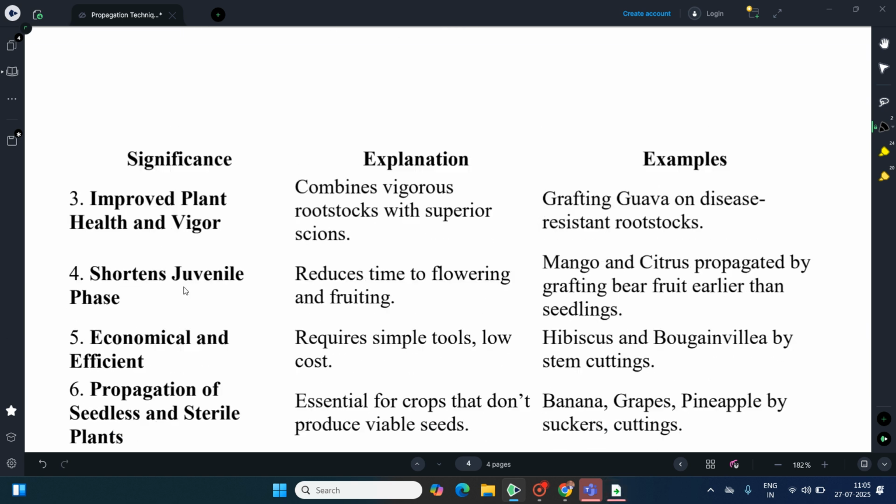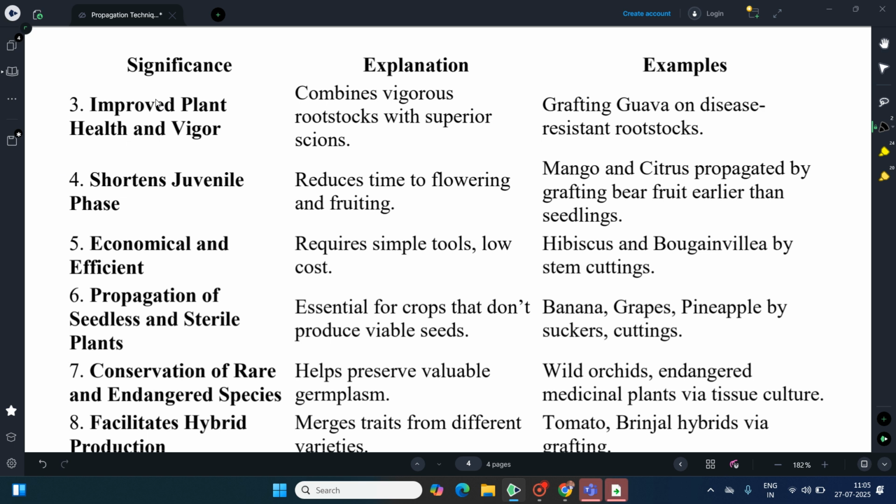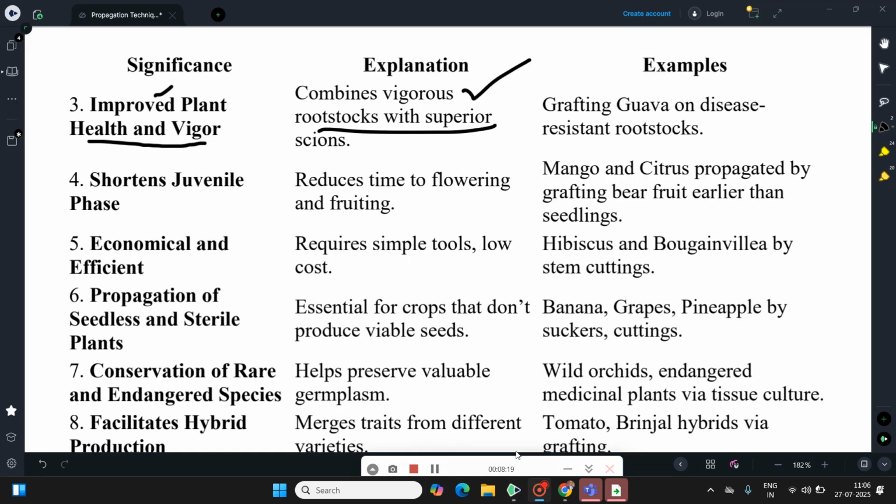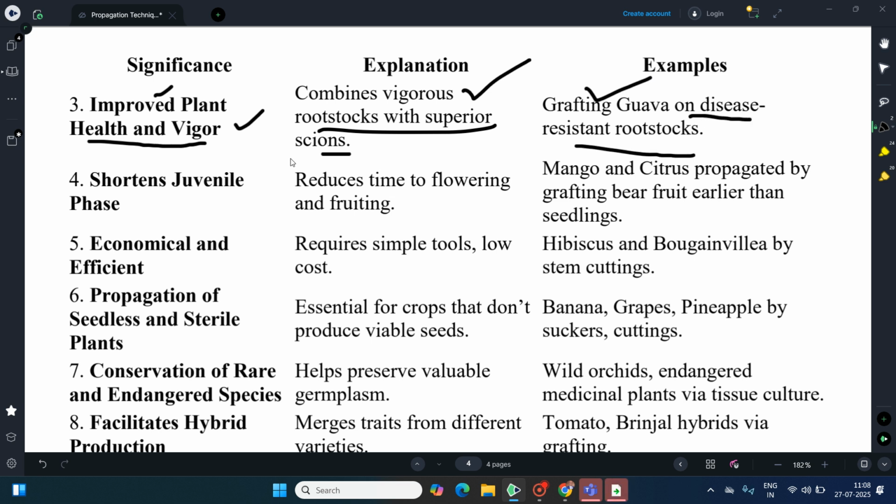The third important significance is that it improves plant health as well as vigor. It combines vigorous rootstock with superior scion characteristics. Example, grafting of guava on disease resistant rootstock.